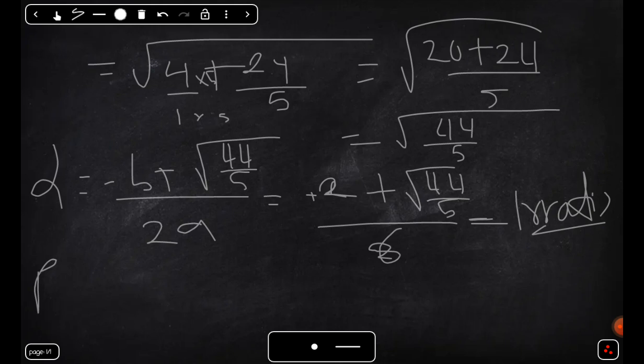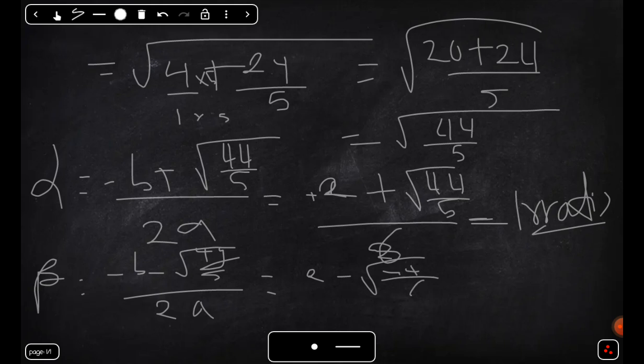Now let's look at beta. Beta is going to be minus b minus the root of 44 over 5, over 2a, which is 2 minus the root of 44 over 5 over 6. So this is still also going to be irrational.